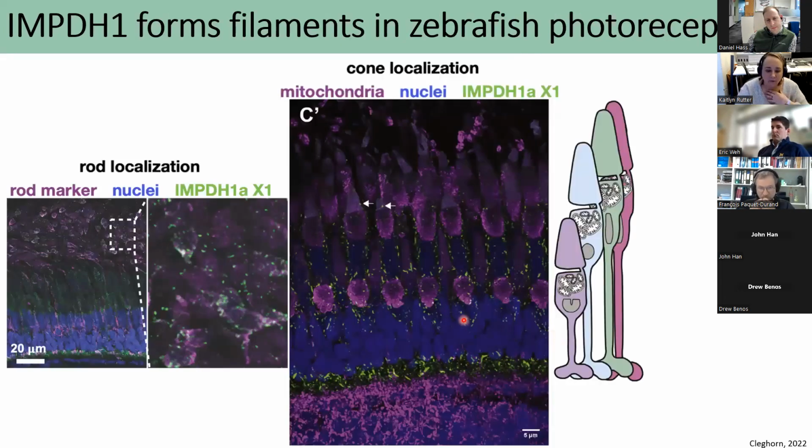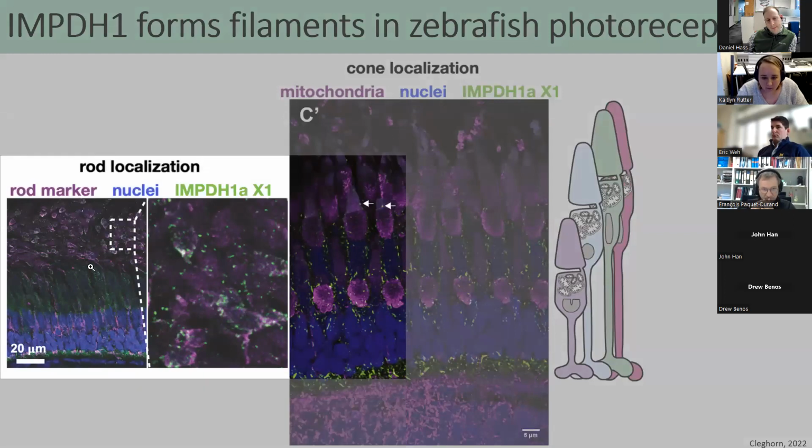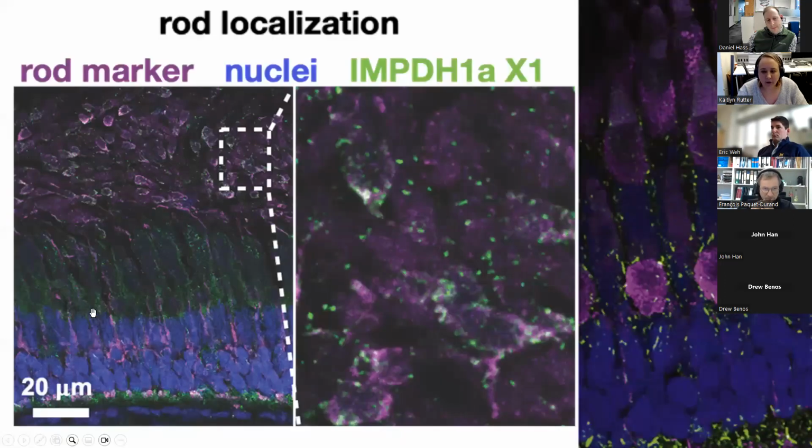And so now to get to what this looks like in the eye. We work with zebrafish, which I mentioned before, and we wanted to see what IMPDH looks like in a wild type zebrafish without any mutations. Here we started by looking at the rods, which are in magenta, and we can see IMPDH in green, and it's these little filaments throughout the rods.